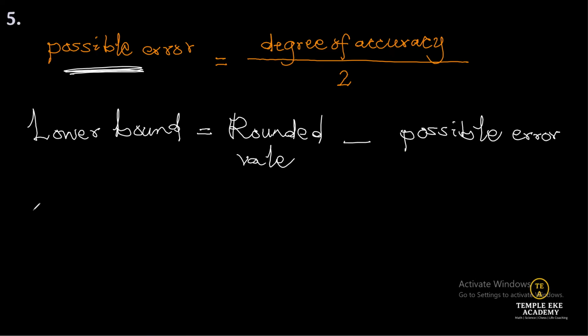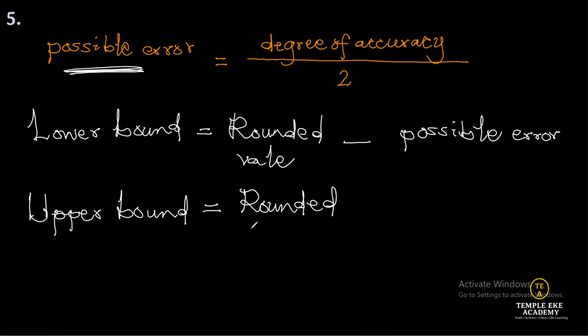In a similar manner, we can get the upper bound. The upper bound is simply given by, once again, the rounded value, the difference this time around. I have to take that back. The difference is not what is required. The difference is used in the lower bound computation. So this is the rounded value plus, which means we're dealing with the sum this time around, plus the possible error.